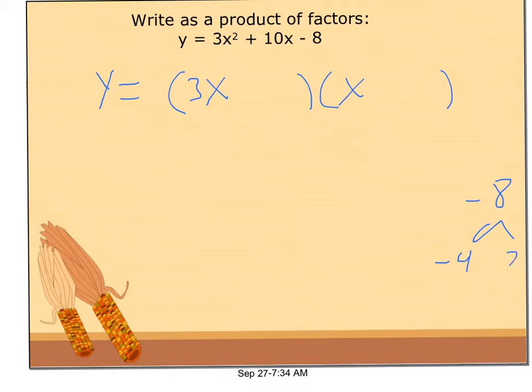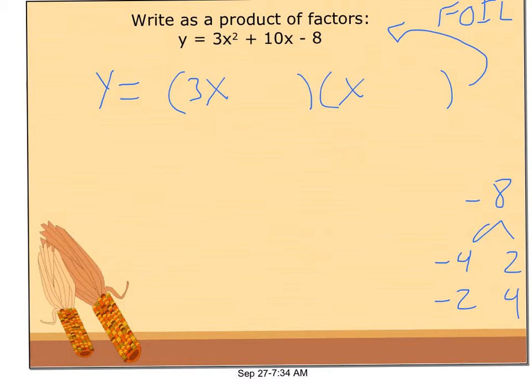Now the first factors that come to mind here to me are negative 2 and 4, negative 4 and 2. One thing I can do here is do a little bit of guess and check. You have to remember, if I want to go back from this factored form back up to the original equation, I can get there by that process called FOIL.